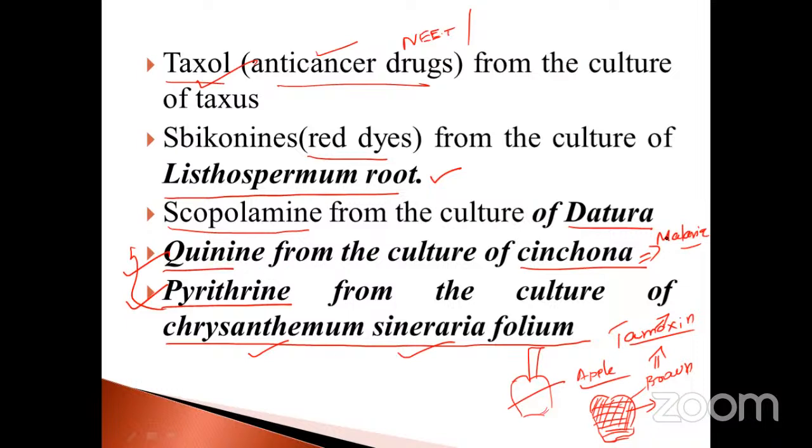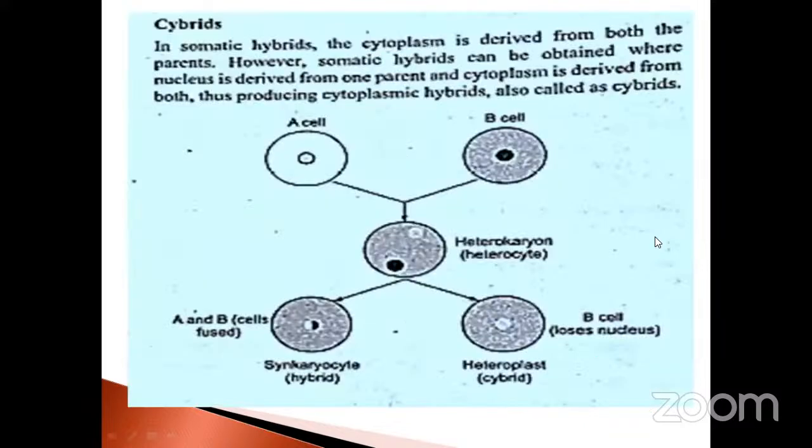We obtain it from the Cinchona plant. Quinine is used as a drug for malaria.